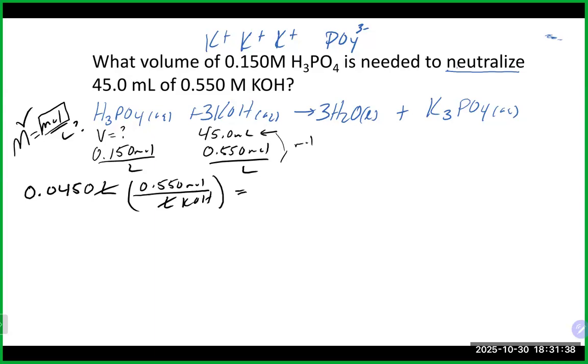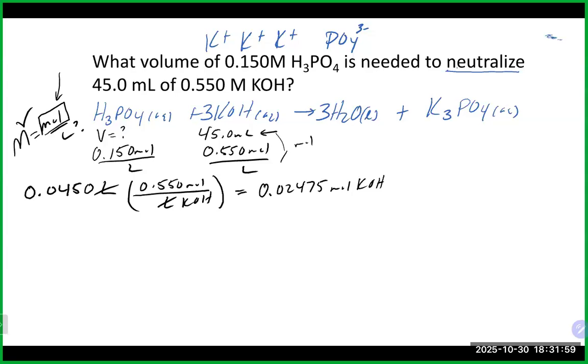If you get an answer at this point, you're looking at 0.0450 times 0.550, which is going to give us 0.02475 moles of KOH.